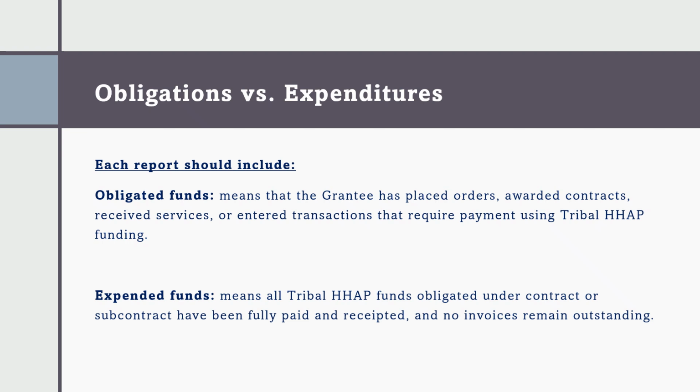Once the gas receipt is in hand, that is an expended fund. While reporting, spent funds will be in the expended column, while grant funds still in the account for this eligible category would be categorized as obligated. If you still have questions regarding this, please email the Tribal HAP team.